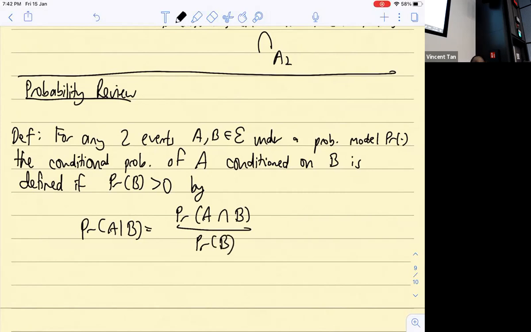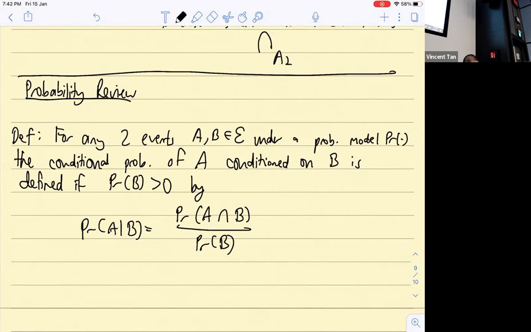Whenever we write things, we have to be very careful, right? In mathematics, you cannot divide by 0. So the conditional probability of A given an event B whose probability is equal to 0 cannot be defined in this manner. No one says that it cannot be defined, but it cannot be defined using the following manner.